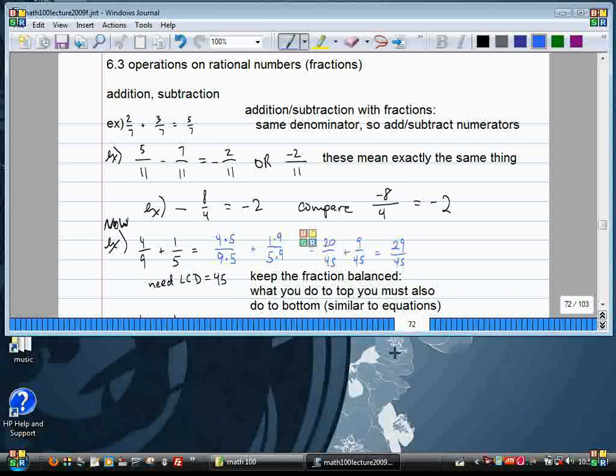Right, we divide by 3. So what we're really doing here is the exact same thing, but in the other direction. Instead of removing the 3, we're putting the 3 back in. Or in this case, in the first fraction, we're putting a 5 back in, or in the second fraction, we're putting a 9 back in. And the reason we're doing that is so we have the same denominator. Okay.